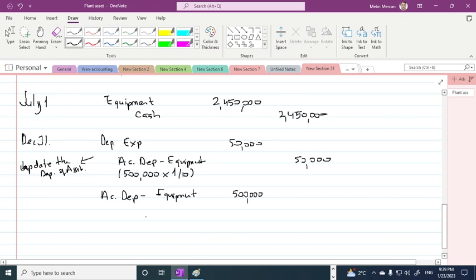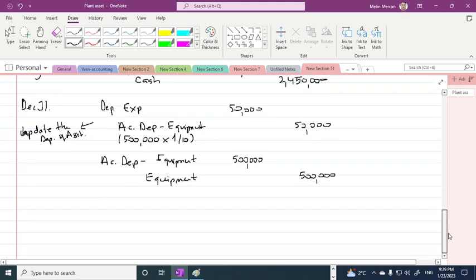The accumulated depreciation and the asset value are both gone.